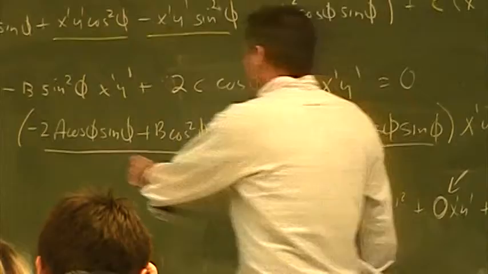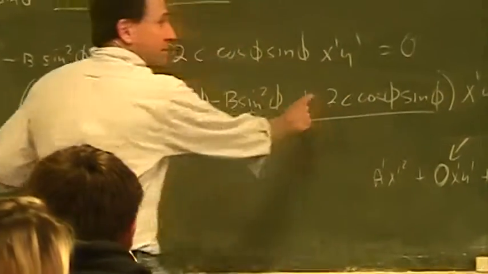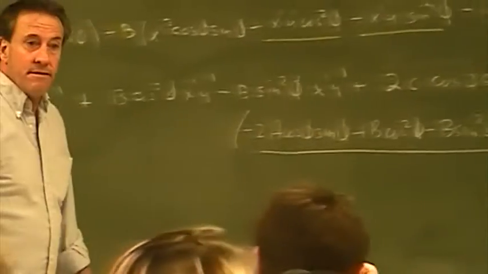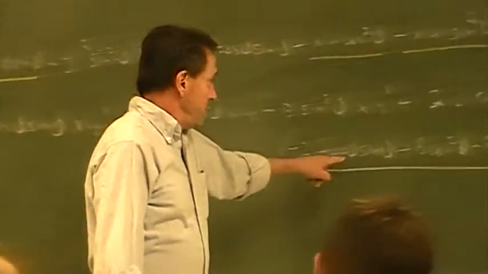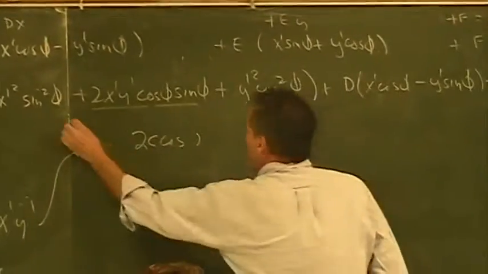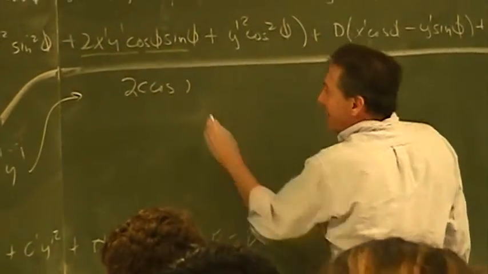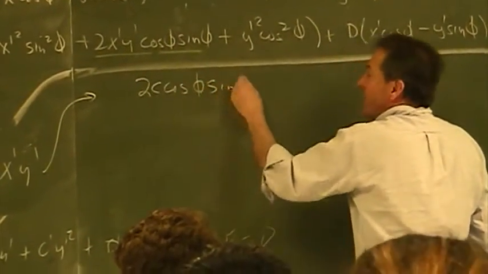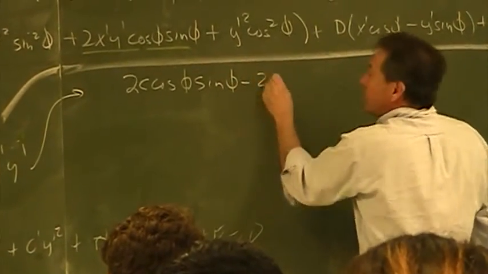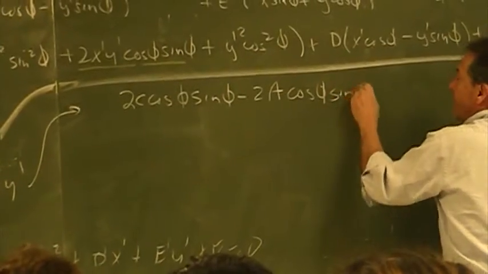So how are you going to rearrange them? Oh! Cosine sine, and a 2. So you have 2c cosine, this is not part of that. 2 cosine phi sine phi minus 2a cosine phi sine phi.